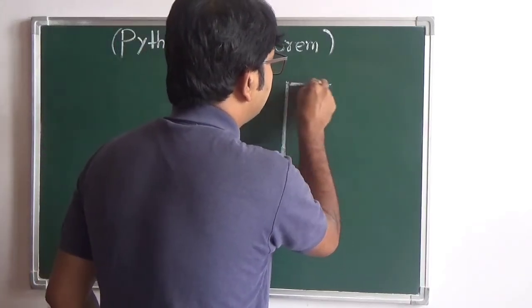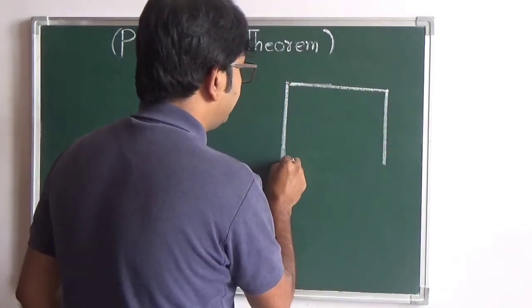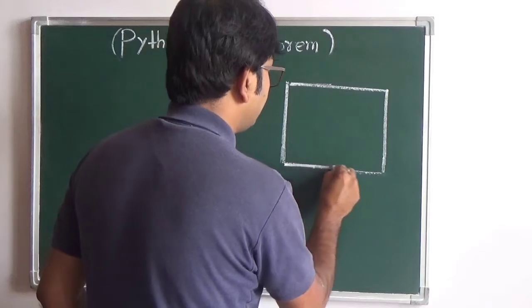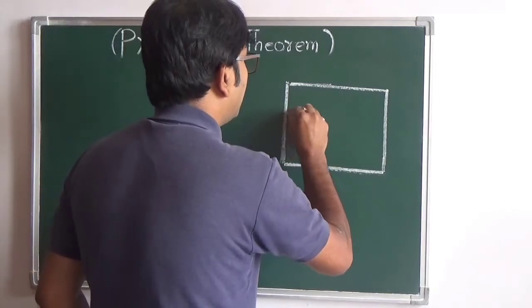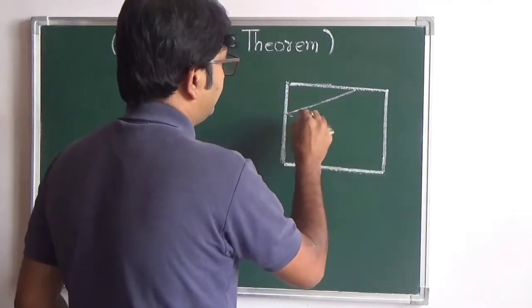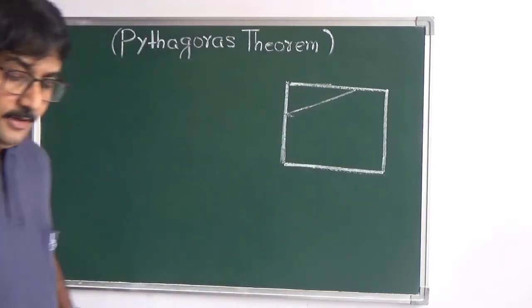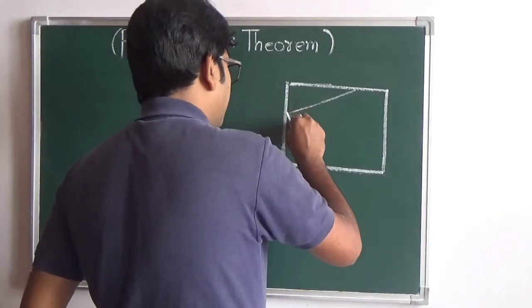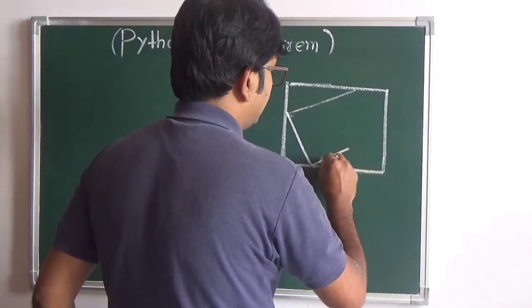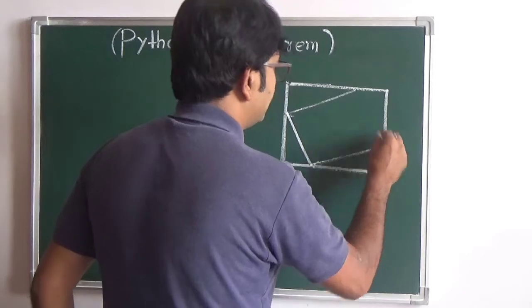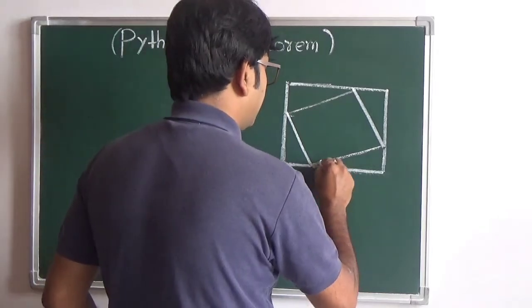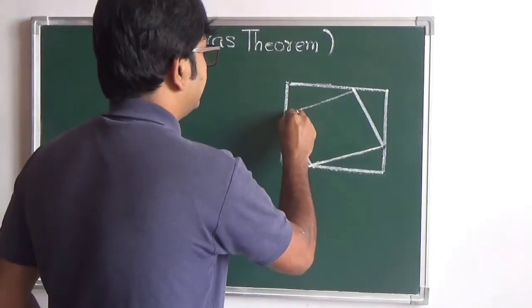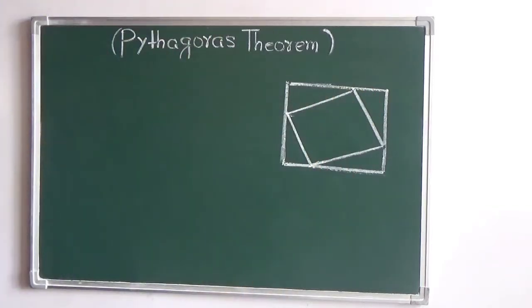Draw a square. Draw another square inside it. We will name it FCDE.